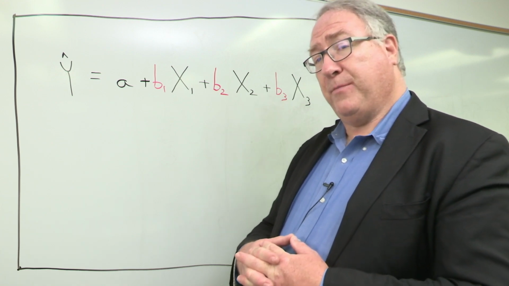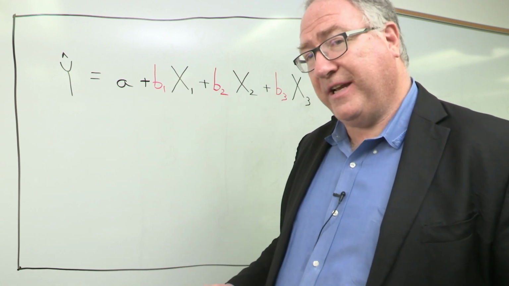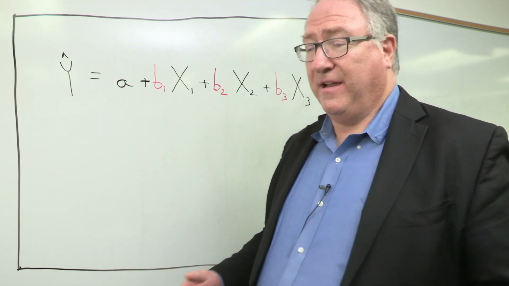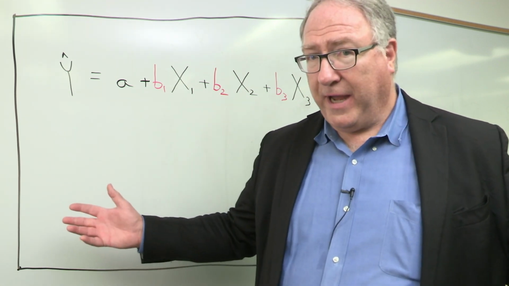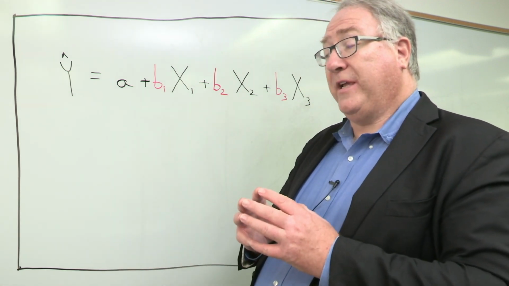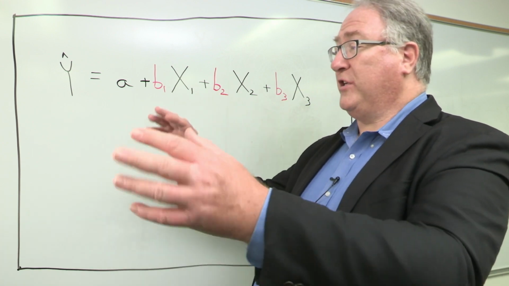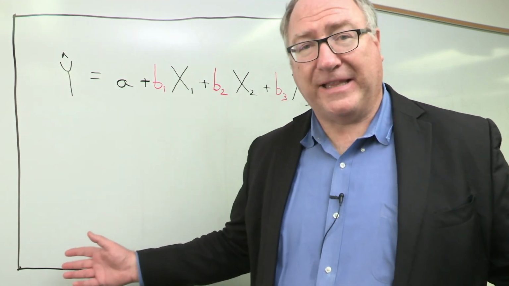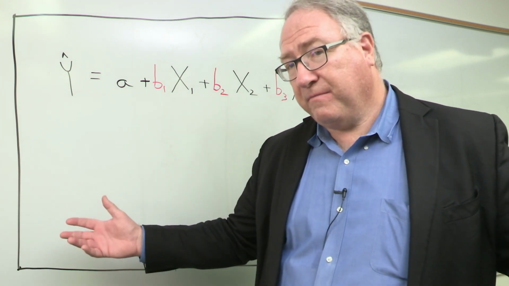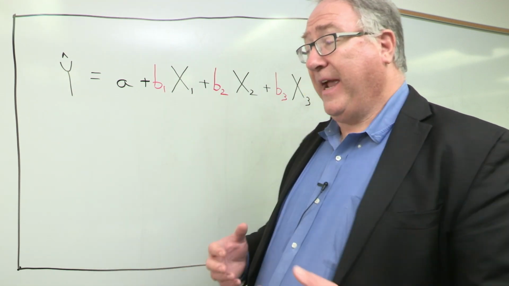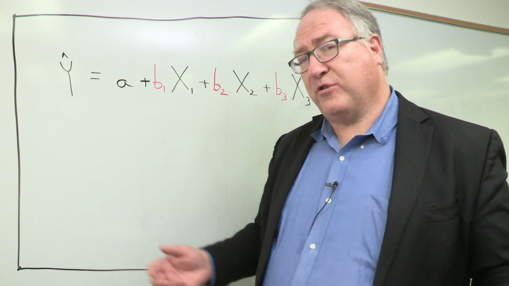But I want to bring it down to earth a bit because in talking about these high-minded ideas like homoskedasticity and heteroskedasticity and multicollinearity and all these fun ideas, sometimes we can kind of lose the forest for the trees. You lose sight of the bigger picture. You get too much into the details, and you really get away from just what is regression, what is it doing, what is it trying to accomplish.